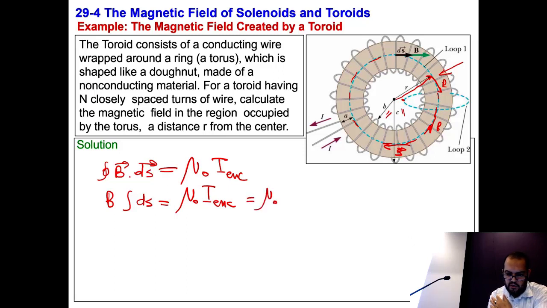What is the current that is enclosed by this loop? If we have N number of turns and the same current is flowing through the whole wire, how much is I enclosed in this case? Anybody?